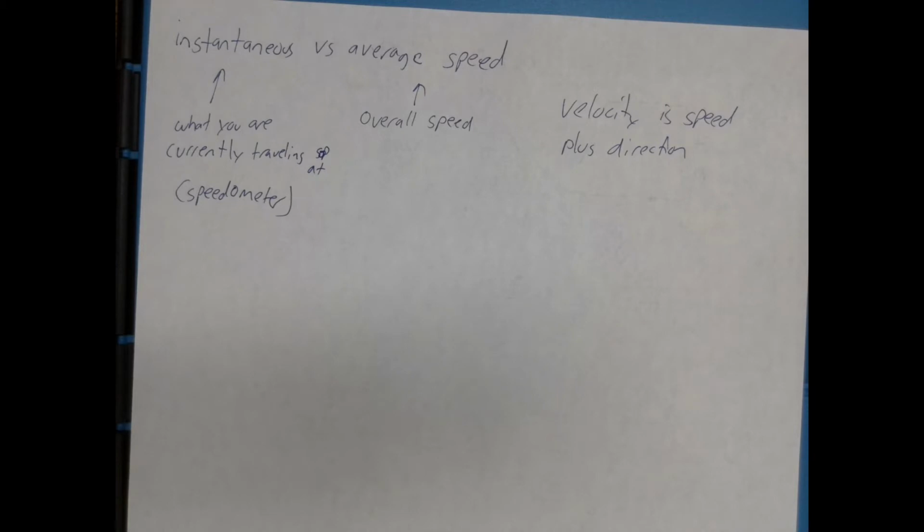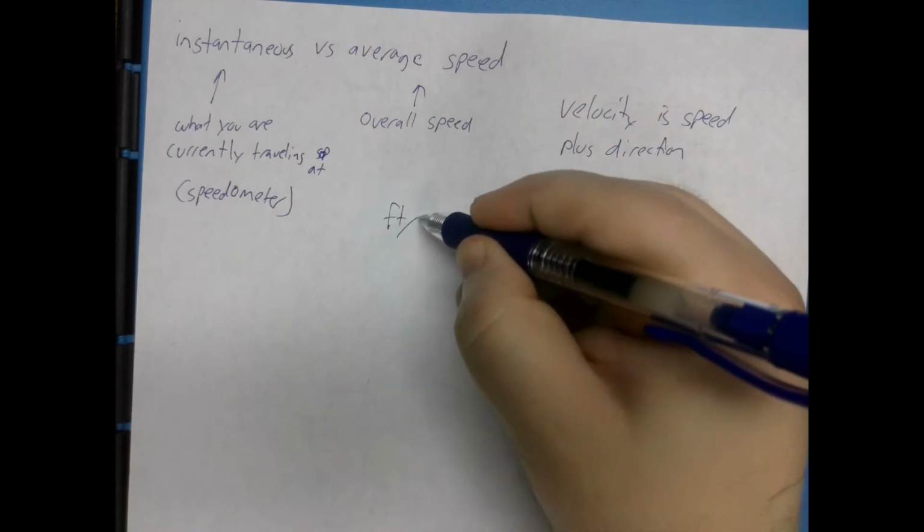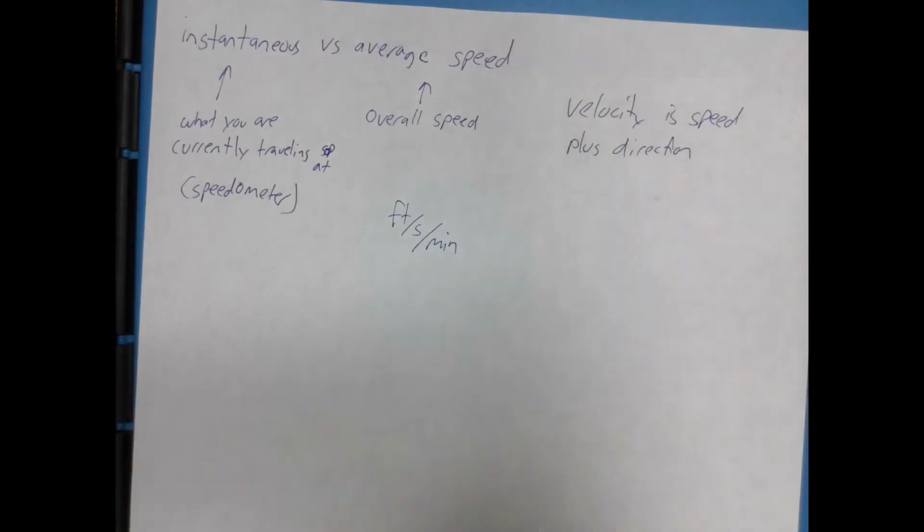So units. For example, what is a feet per second per minute? Is that a distance, velocity, or acceleration unit? Or a time unit? What type of unit is that?